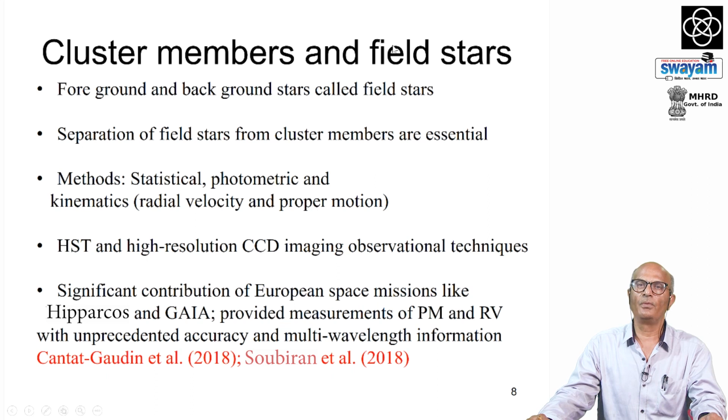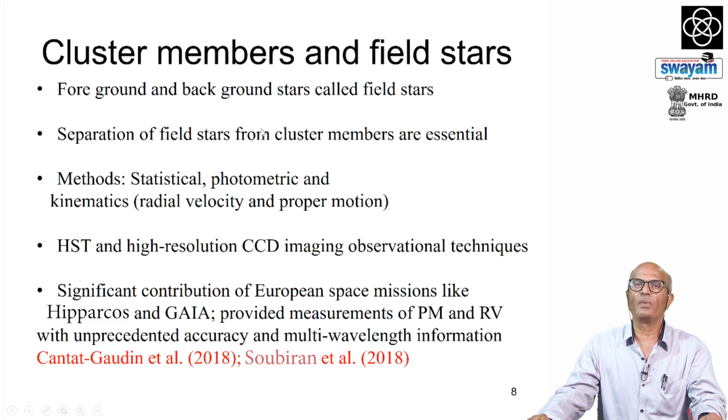So, if we see the region as I displayed earlier, it is a superimposition, because all the stars in the line of sight of the star cluster are imaged. So, we have cluster members, but there are also background and foreground stars, which we call field stars, because they are not members of the cluster.